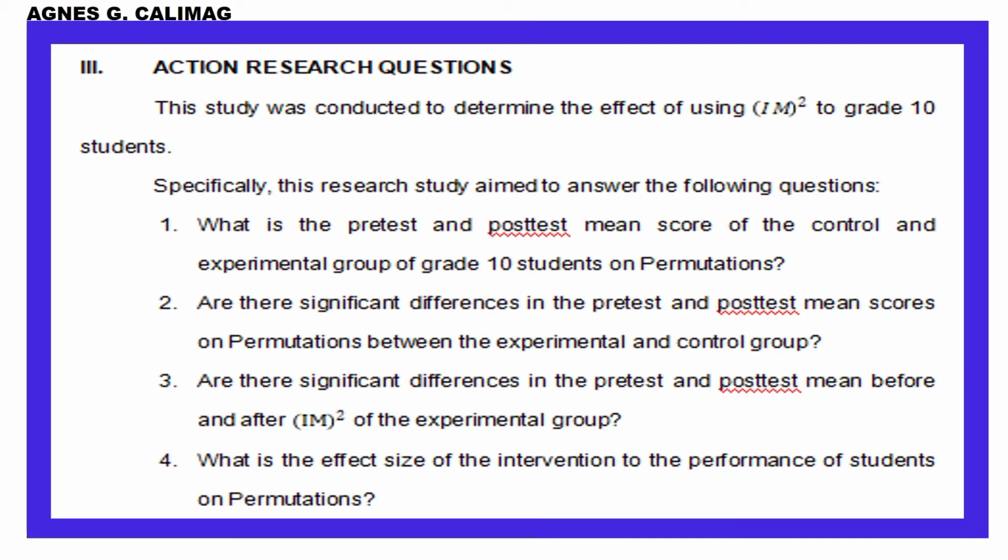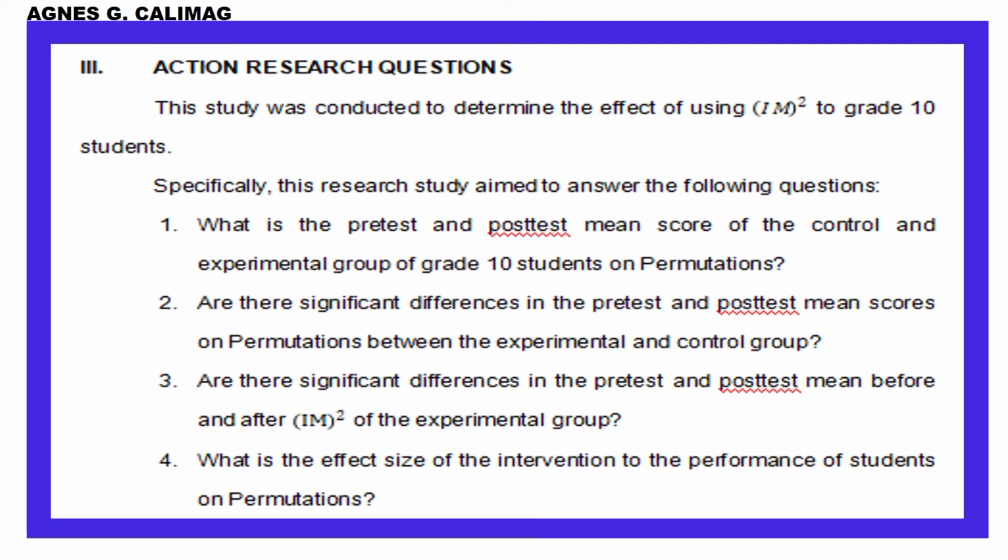Specifically, this research study aimed to answer the following questions. Number 1, what is the pre-test and post-test mean score of the control and experimental group of grade 10 students on permutations? Number 2, are there significant differences in the pre-test and post-test mean scores on permutations between the experimental and control group?